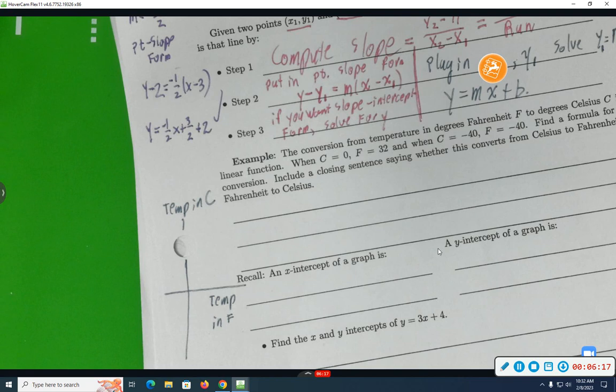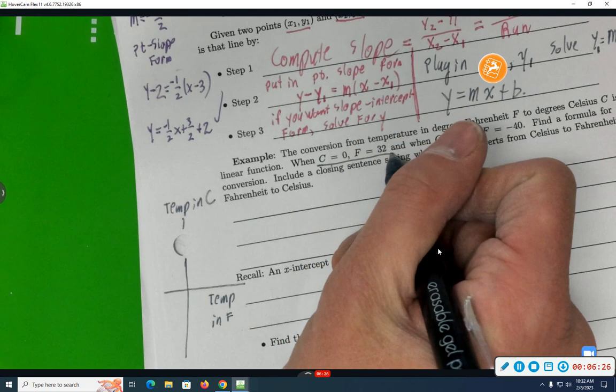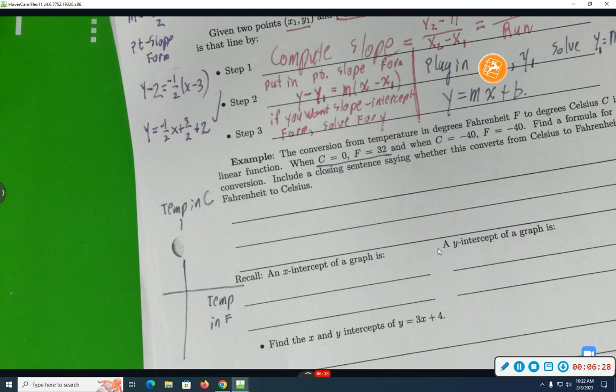If you're in the mountains, you might be off by a little bit. Anyway, it doesn't matter. So when Celsius is 0, Fahrenheit equals 32. And there's another fact here. When temperature is minus 40, you don't need to specify which one, because minus 40 is the same in either temperature system, it's just cold.